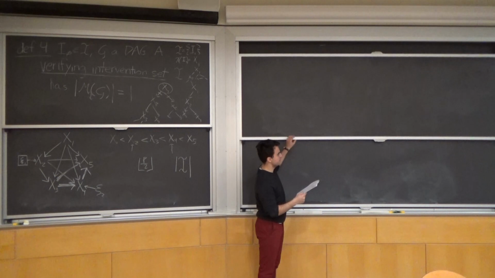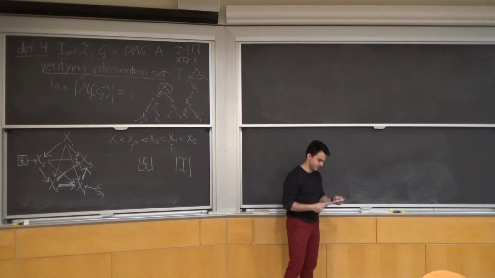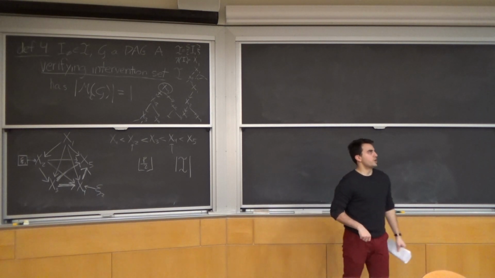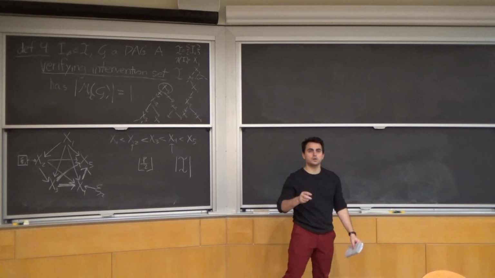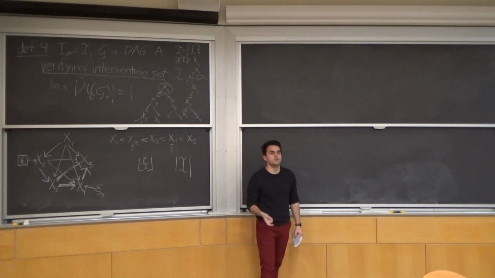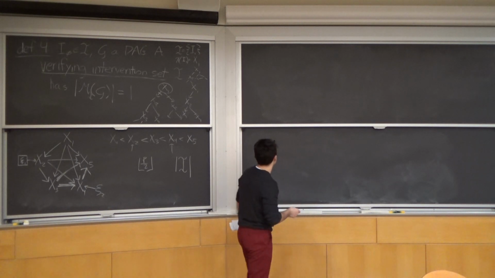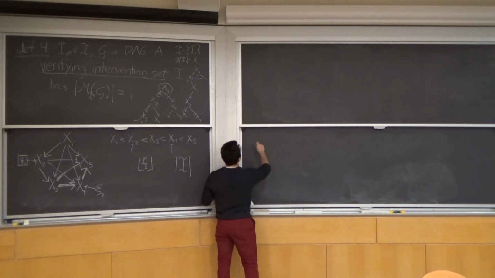So to get to our characterization of verifying intervention sets, we're going to use something we went through a little bit quickly in lecture 5, which was the following statement.